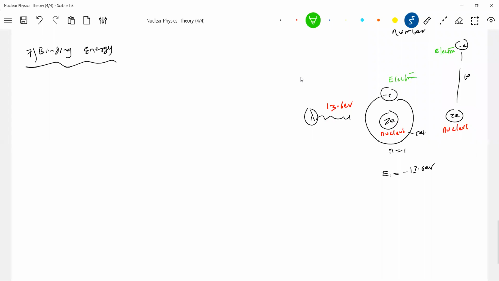Then that particular system will break up into its constituents. What are the constituents of this hydrogen atom? When you supply energy equal to binding energy to a system, the system will break up into its constituents, or its parts. The electron and the nucleus are the parts.